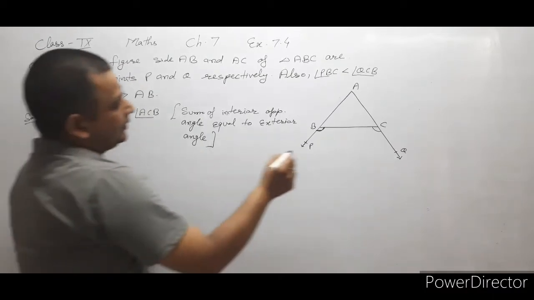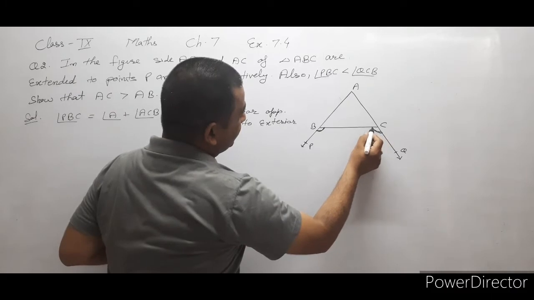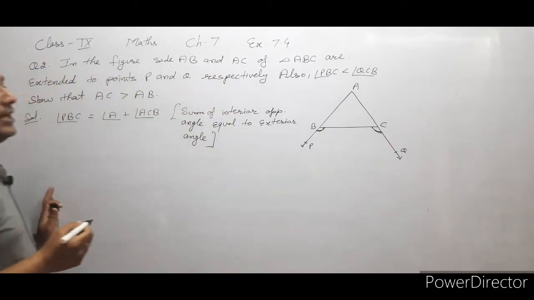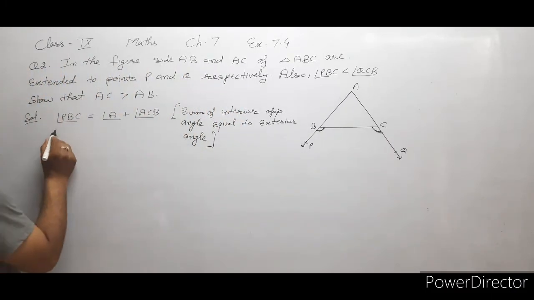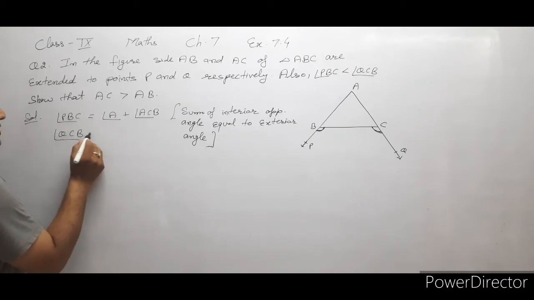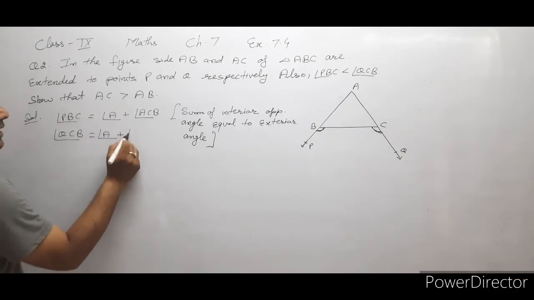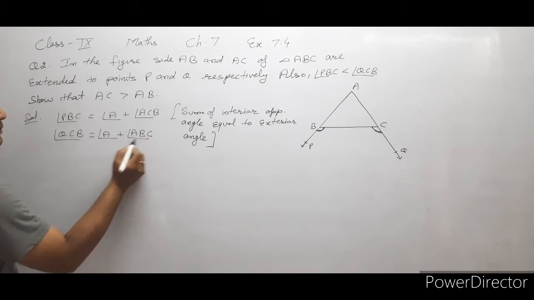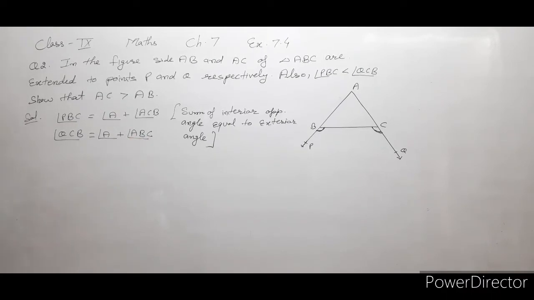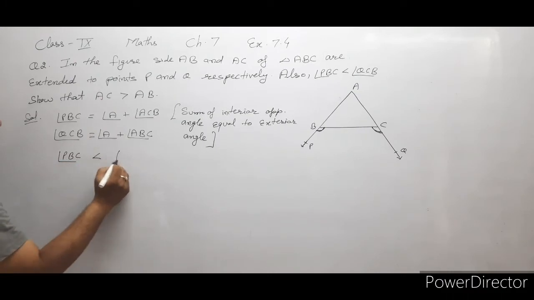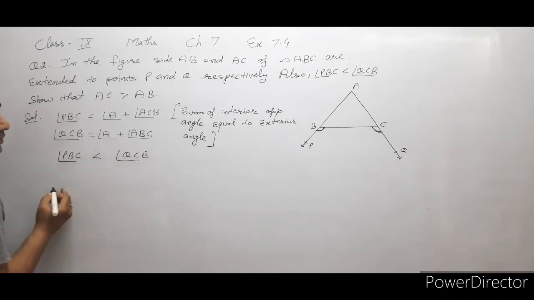Similarly, this is also an exterior angle. That means angle QCB is equal to angle A plus angle ABC. But it's given that angle PBC is smaller than angle QCB.